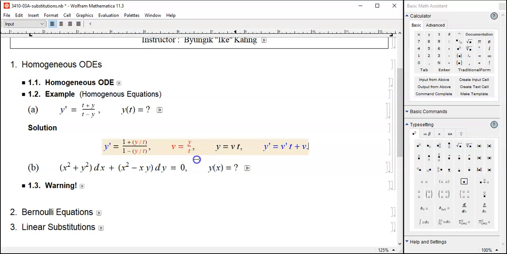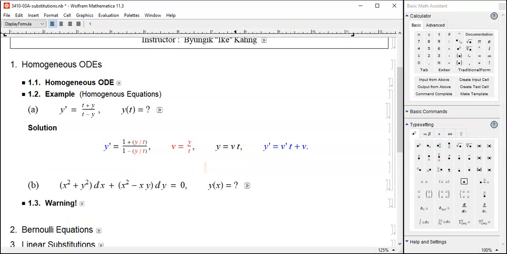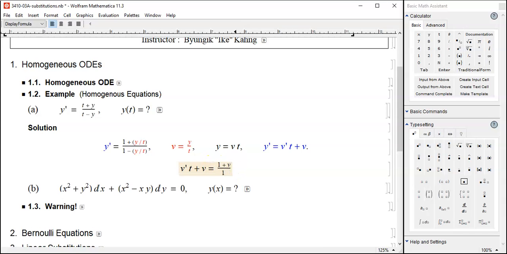Okay, let's do it. v prime t plus v is equal to 1 plus v over 1 minus v. After substitution here, this is what we get. Does everybody agree?